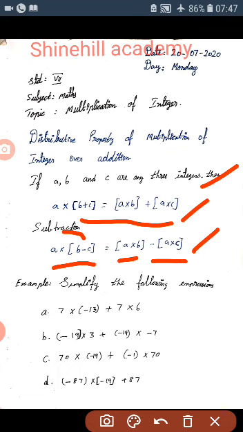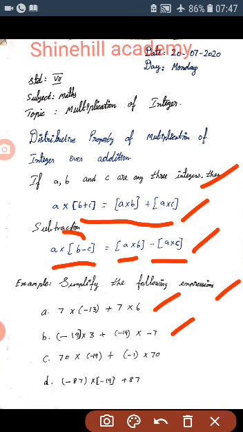Example: simplify the following expressions. First one, A: 7 into minus 13 plus 7 into 6. Second one, B: minus 19 into 3 plus minus 19 into minus 7.